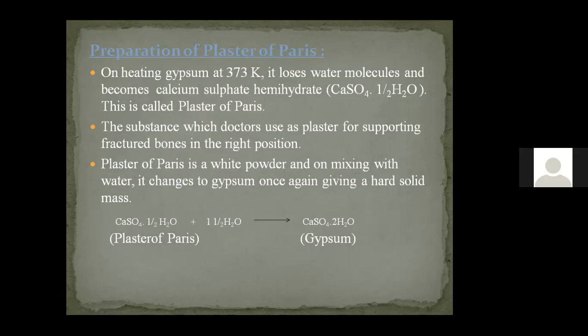Okay, so this is how we prepare the plaster of Paris, and this is the use of plaster of Paris. The main use is in hospitals for the support of fractured bones. So this is about the preparation of plaster of Paris from gypsum and its uses.